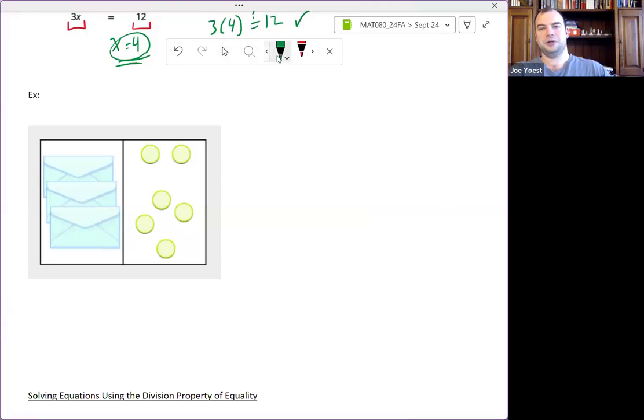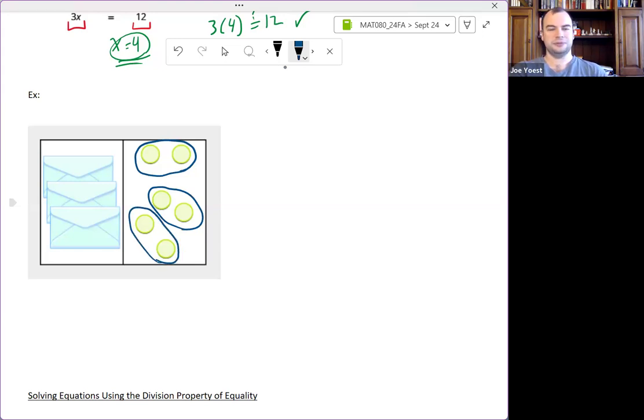If I have a situation like this, again, I have 3 envelopes. So I'll start splitting these counters up in 3 groups. So I see that I can do 2, another 2, and another 2.